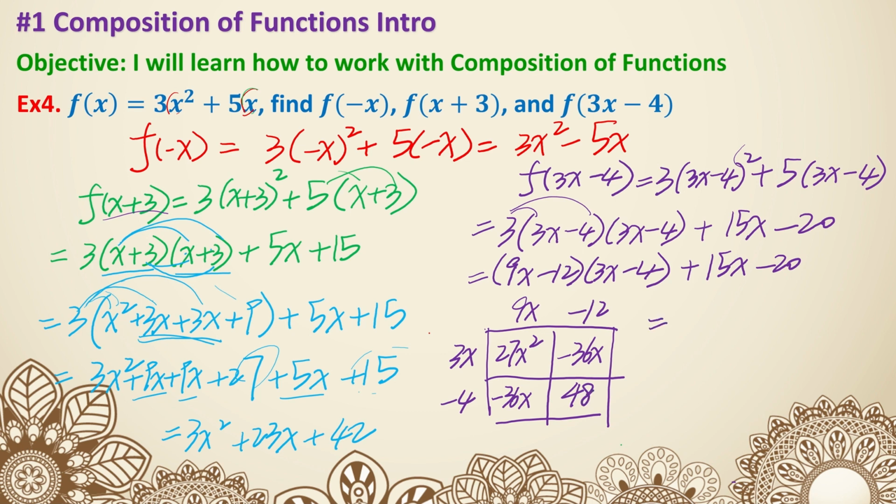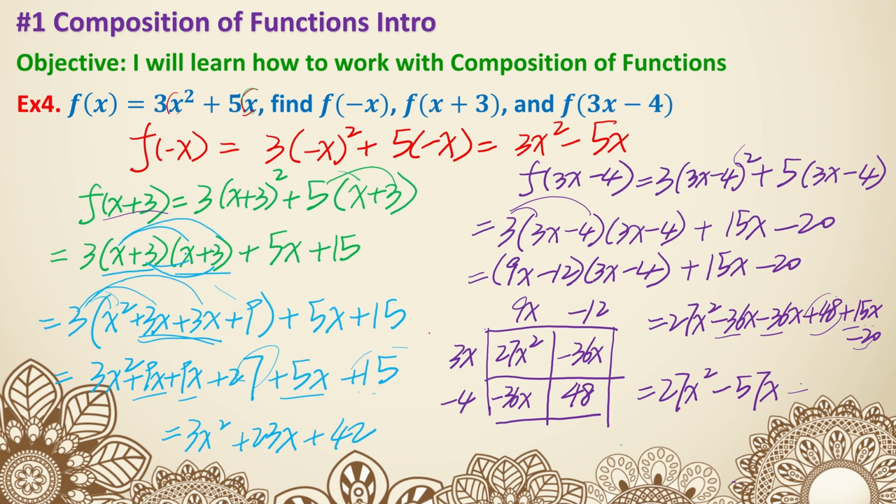Okay, so let's continue. 27x squared minus 36x minus another 36x plus a 48 plus a 15x minus a 20. Eventually, combine like terms. 27x squared, that's a negative 36, and a positive 15, which is going to be a negative 57x, plus 48 minus 20 is a plus 28.